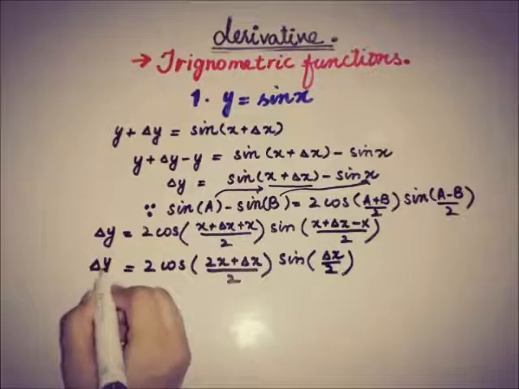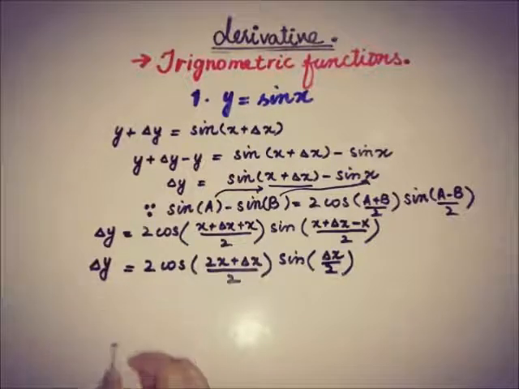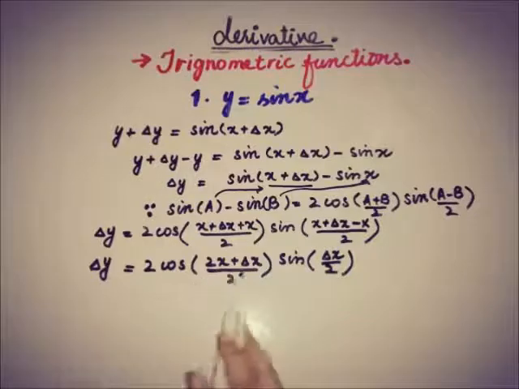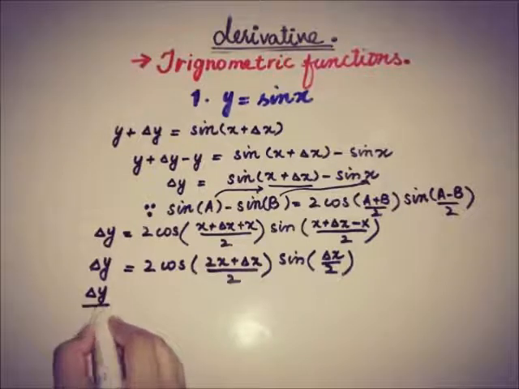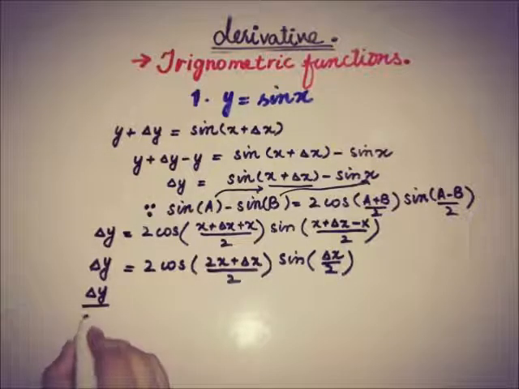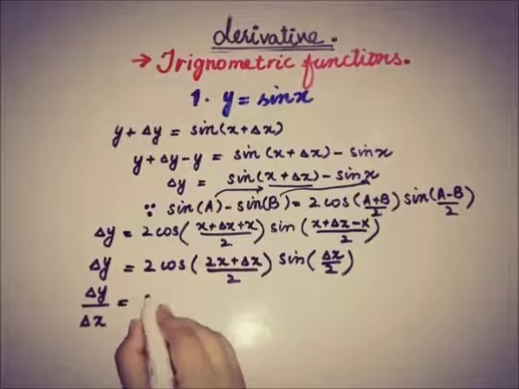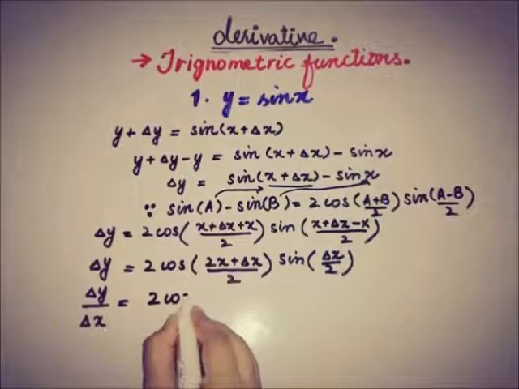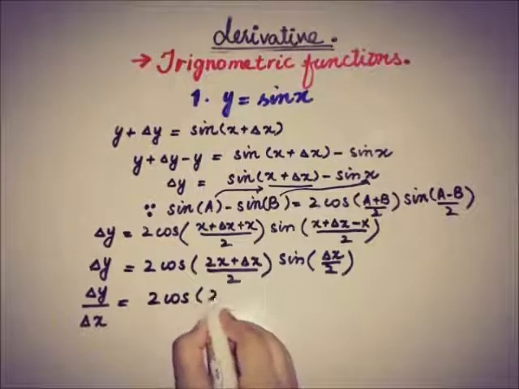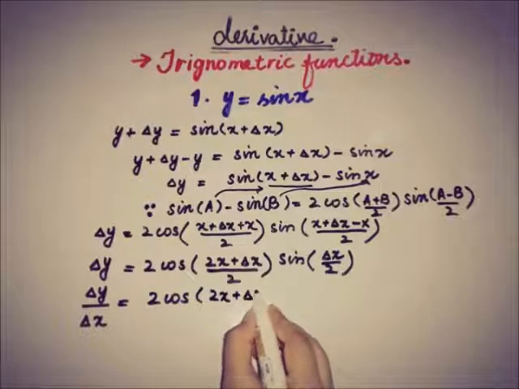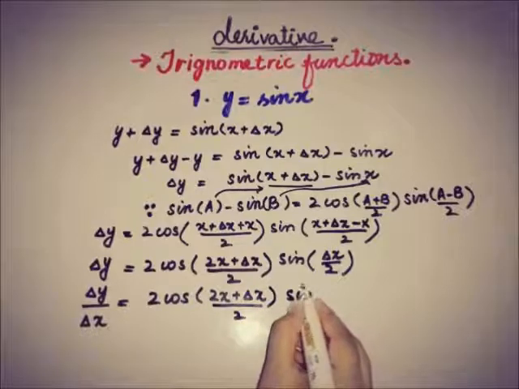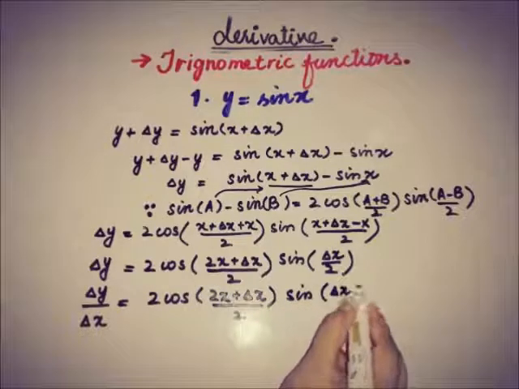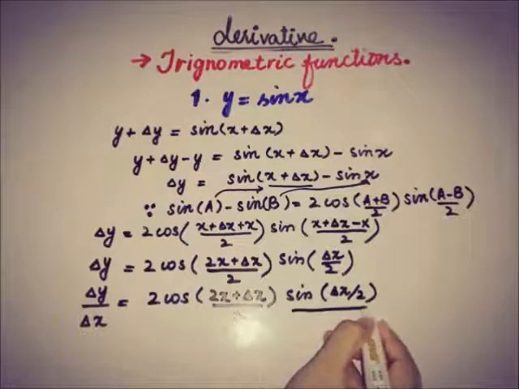That is equal to delta y. Now the next step is to divide the whole thing with the change. So delta y by delta x is equal to 2 cos of (2x plus delta x) by 2 and sine delta x by 2 divided by delta x.